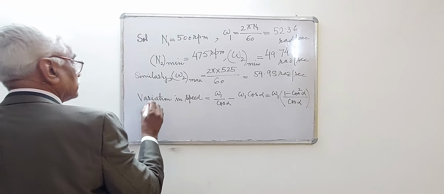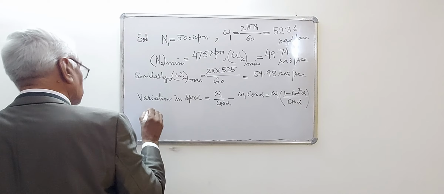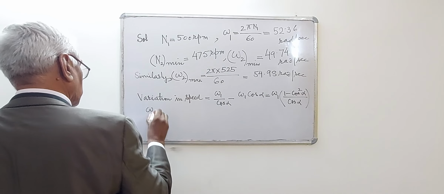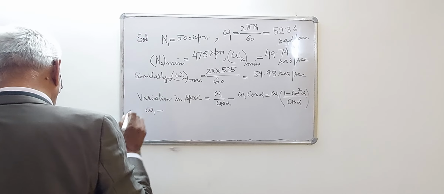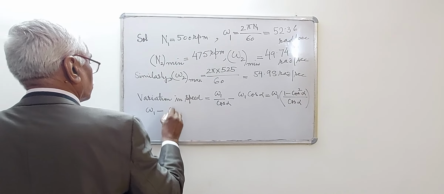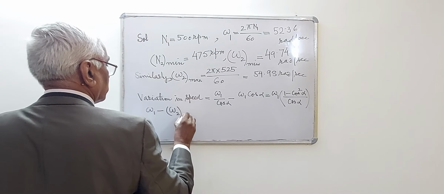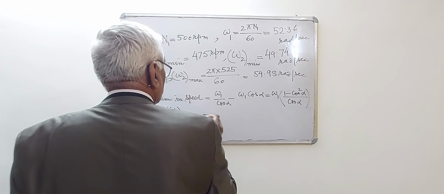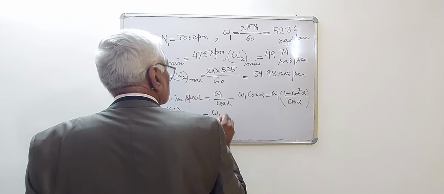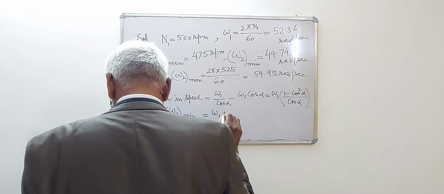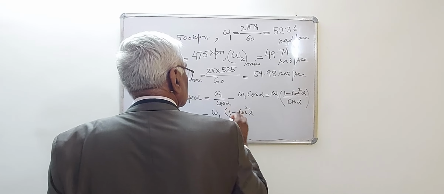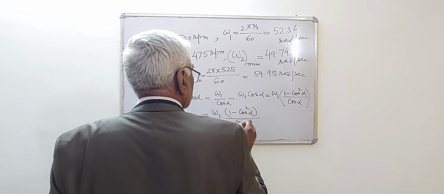Variation in speed is omega 1 minus omega 2 minimum.